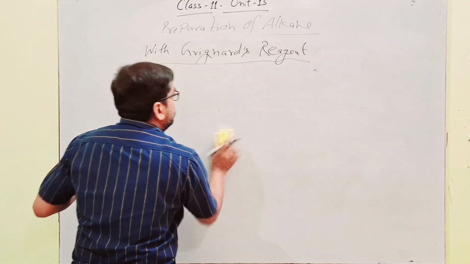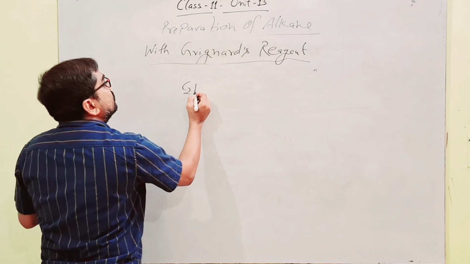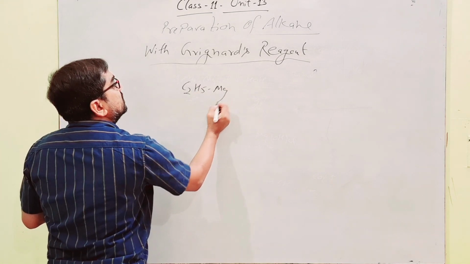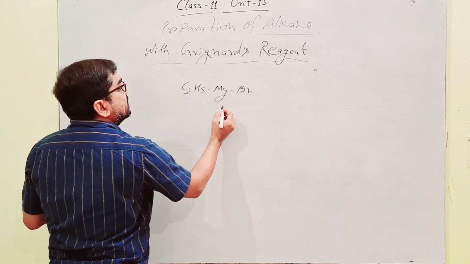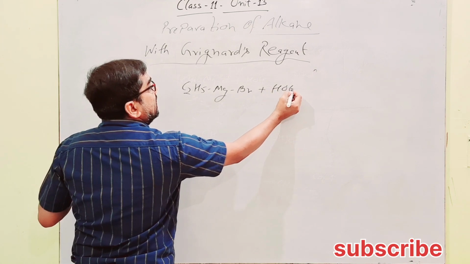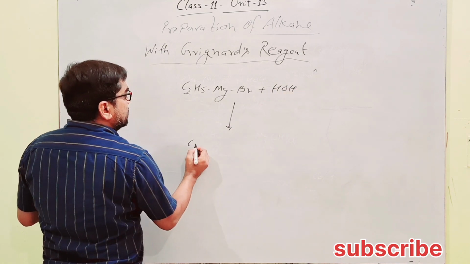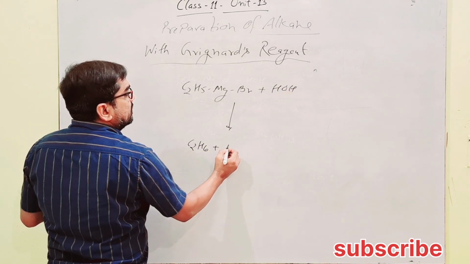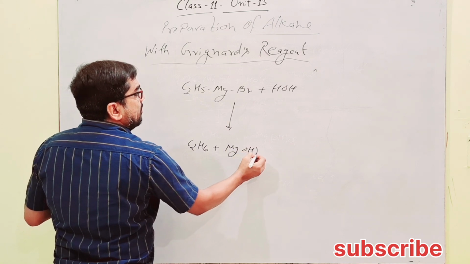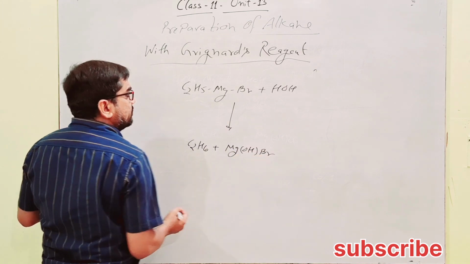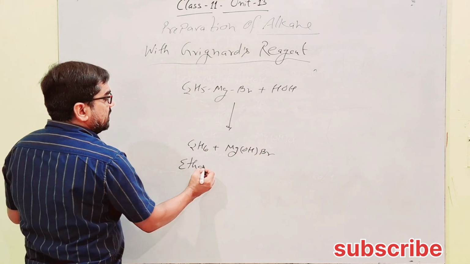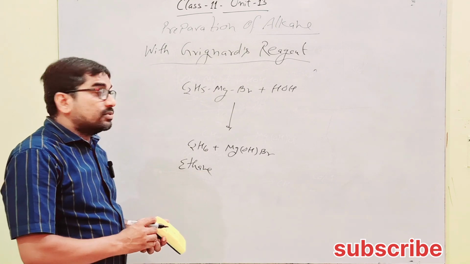Next, C2H5MgBr, ethyl magnesium bromide. Under hydrolysis, it results in C2H6 with elimination of magnesium hydroxybromide, and ethane is the final product.